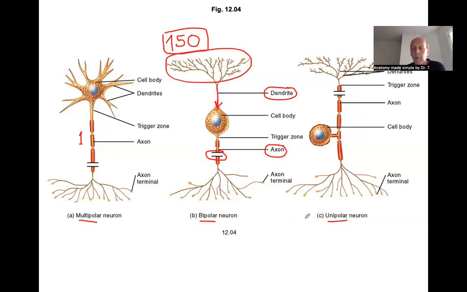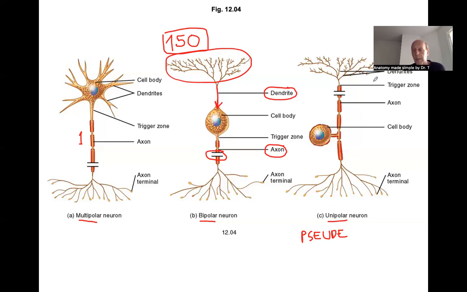Unipolar neuron, or pseudo-unipolar. Pseudo-unipolar is probably a better word to use because it means falsely looking like unipolar, which if translated verbatim would mean it's a cell which has just one projection. And in this case, it looks like the cell is only attached to the axon.